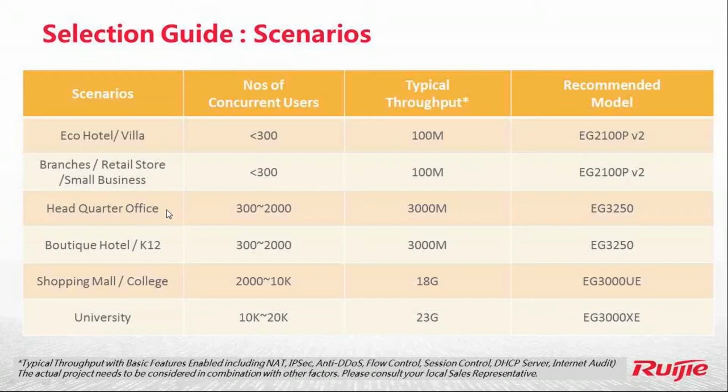But for an HQ office supporting more than 300, we recommend the 2350, and also the rest. Of course, for shopping malls, colleges or universities, we have more concurrent users, so we will support them with the higher end models.